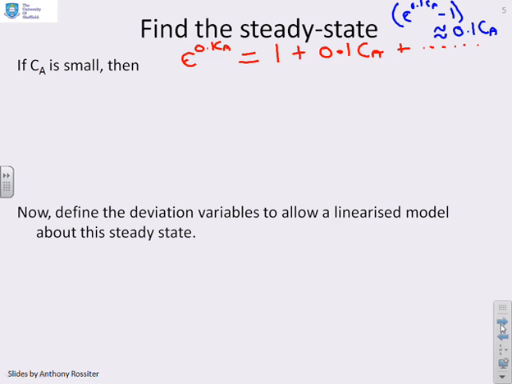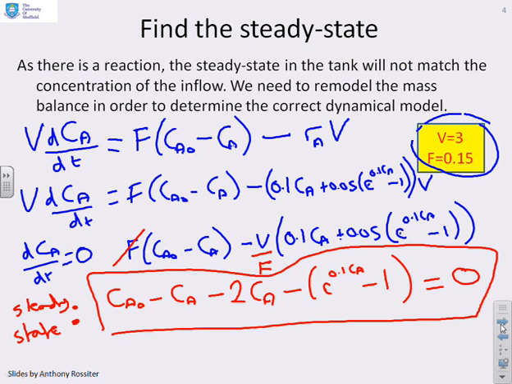If I go back to the previous page, look at this blue box, and look at what I had in here, I'm going to be able to replace that by 0.1 Ca by doing a simple linear approximation, which is valid as long as 0.1 Ca is small. And clearly, if you read the data at the start, we had Ca which has values of around 1, so you're talking about numbers of e to the roughly 0.1, so the approximation is valid.